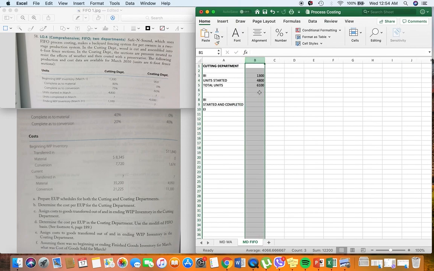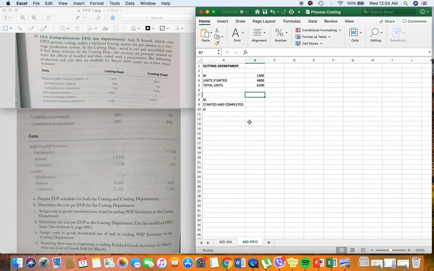You should have known this by now, that under FIFO, we are very particular about the beginning inventory units. So, we are very specific. We really analyze the work done on the beginning inventory for the current month, right? We do not just assume that it is 100% complete already.